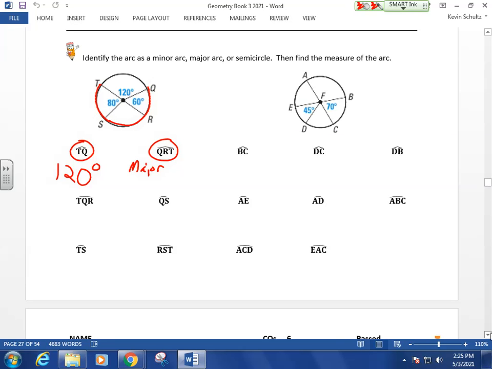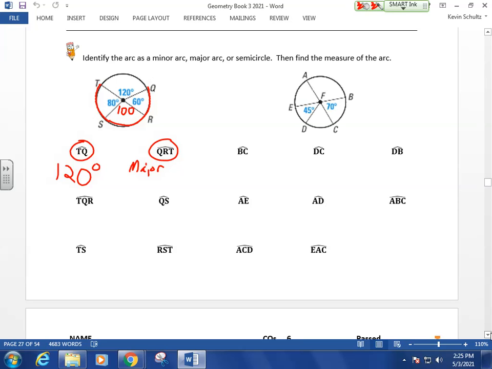So how would you figure that out? You take 360 minus 80 minus 120 minus 60. Okay, there are only 4 angles here, right? We know 3 of them, 120, 80, and 60. So 360 minus 120 is 240, 240 minus 80 is 160, and 160 minus 60 is 100.